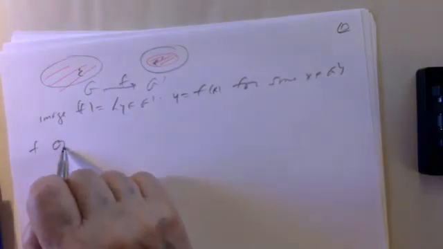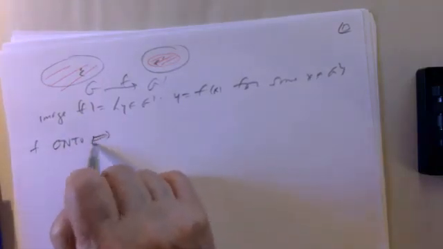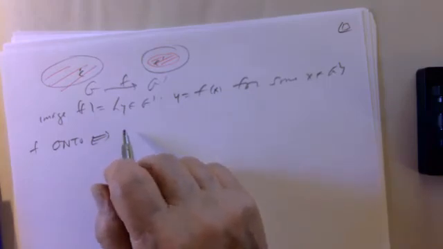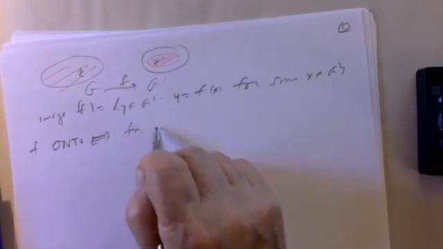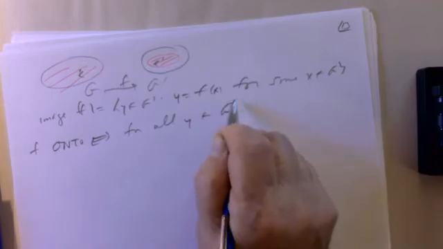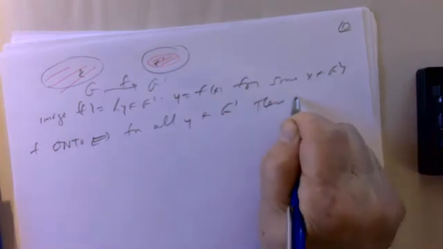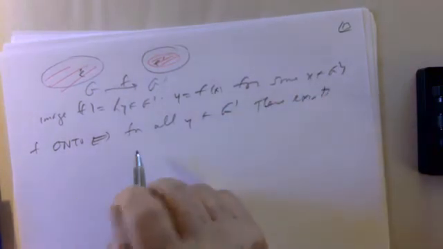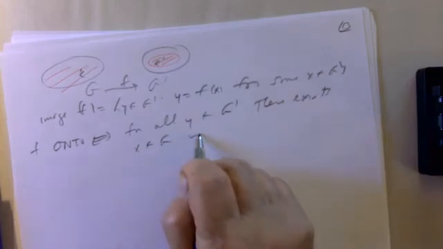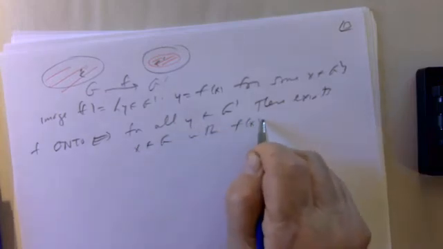And f is onto if and only if for all y in G prime, there exists x in G with f of x equal y.